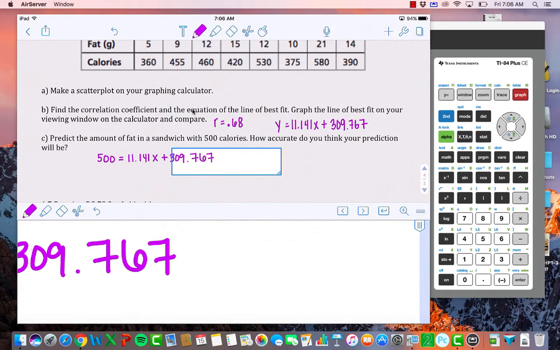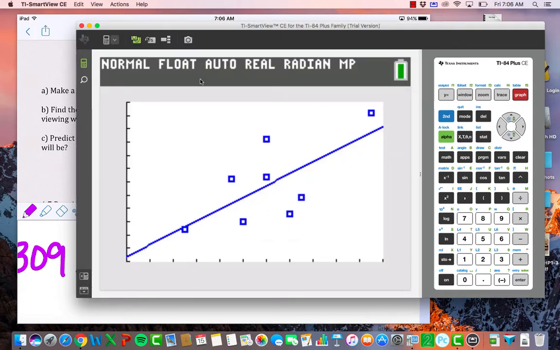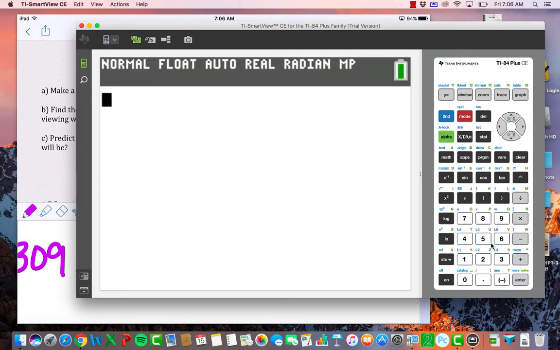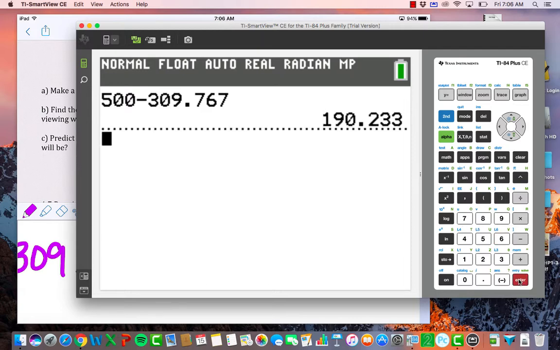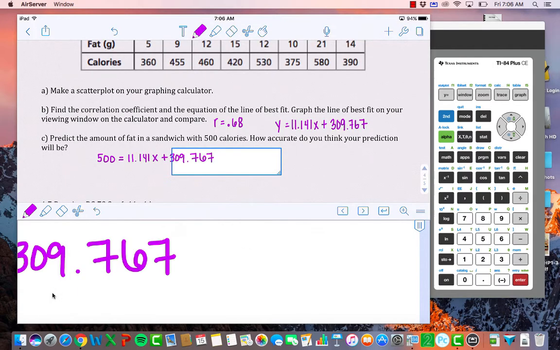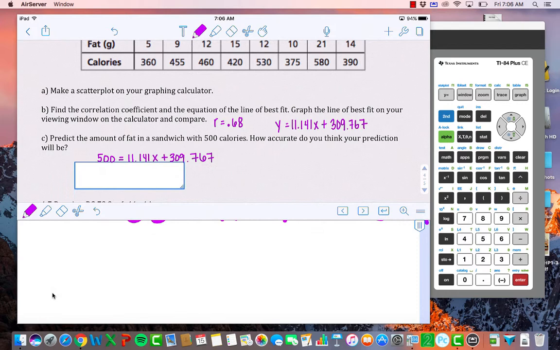So the first thing I do is I have to subtract that 309 from 500. So let's quit this. 500 minus 309.767 equals 190.233.